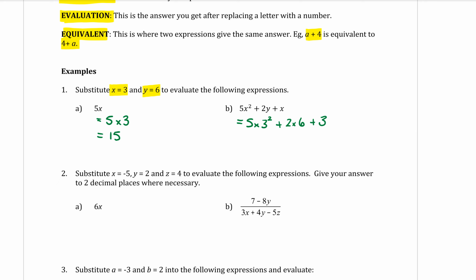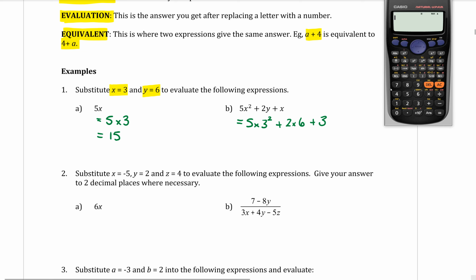Does that make sense to everybody else, what he did? So what was the final answer, Anton? 45. Oh, no. Did you get the squared on the 3? What did you get? 33? Nope. Calculators, everybody get them out. Unless I got it wrong. Maybe I should type it in. I think it's 45. Oh, all right, let me type it in. 3 squared is 9, times 5 is 45, plus 12, plus 3, that's 60.